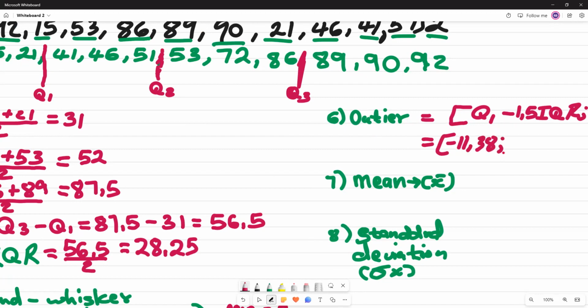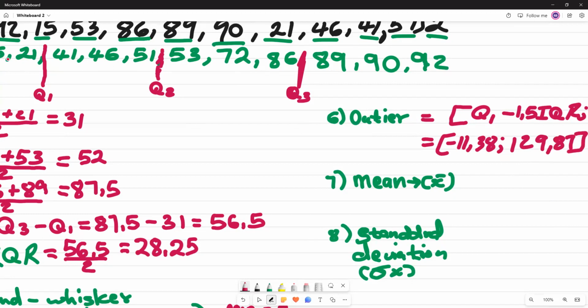Now let's do Q3, which is 87.5 plus 1.5 times the interquartile range, which gives me 129.87. That is the upper fence.